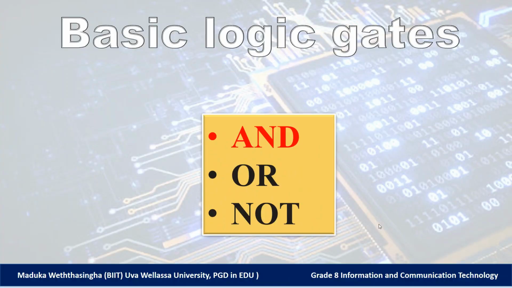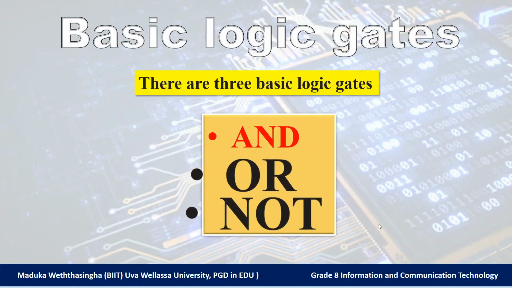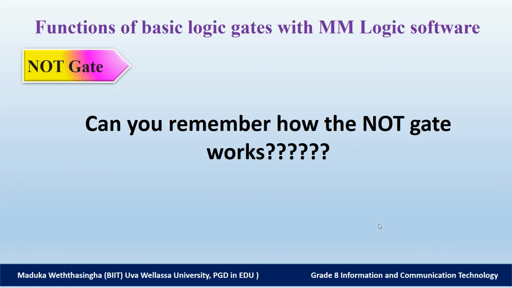Do you know there are 3 basic logic gates, AND, OR, NOT? Now we are going to find the function of basic logic gates with multimedia logic software. So let's learn with the NOT gate. Can you remember how the NOT gate works?